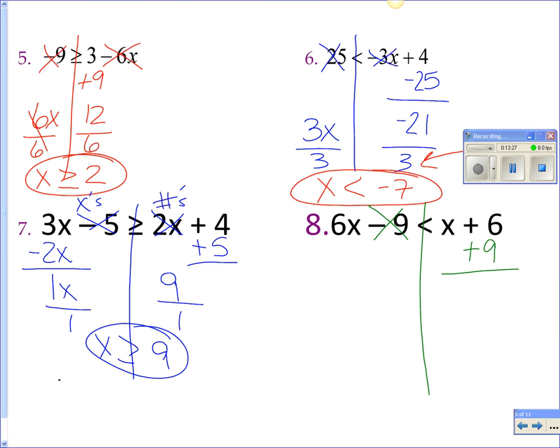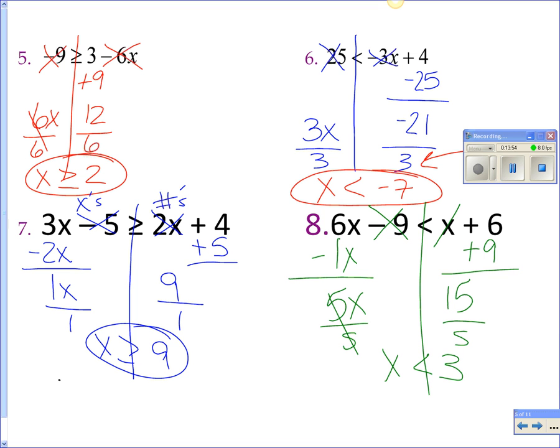Louis, something else? And what number can I put with it? So 6x minus 1x. 6 plus 9? Good. Zach, what do you do next? Does my sign flip? So x is less than 3. Any questions on those 4?